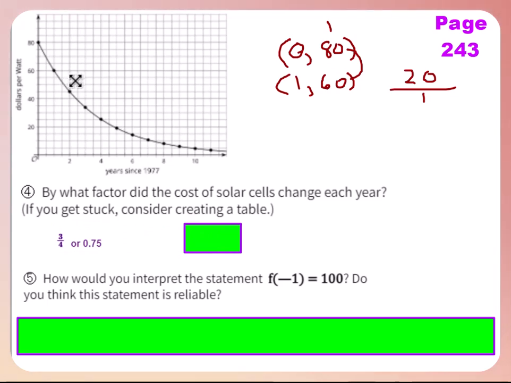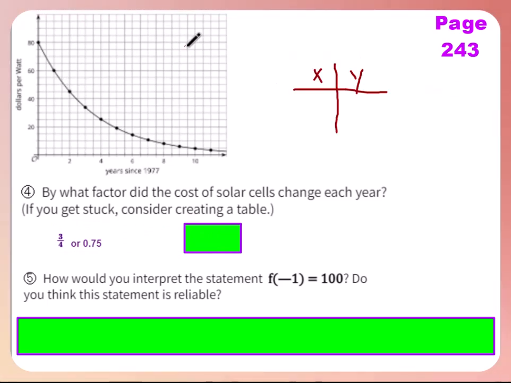that doesn't look right. All right, let's make a table. And I'm going to start with 0, 80. It's a little bit fuzzy here on the slide, so look in your book, page 243. Okay, now let's find another value. Okay, this is 160.